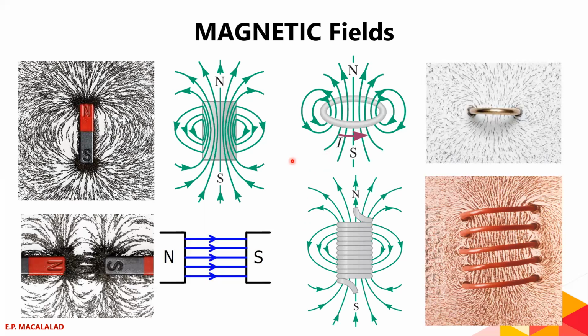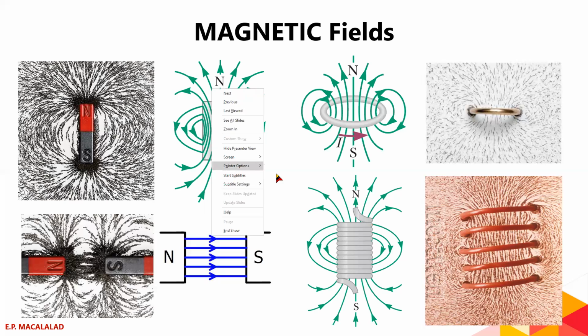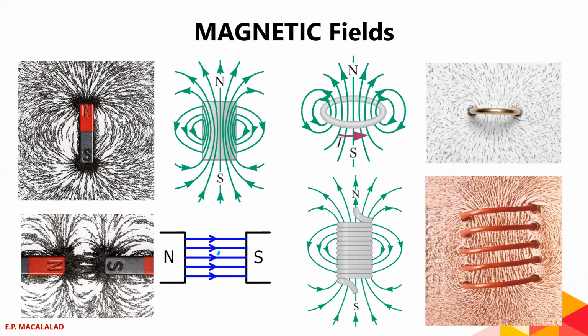Now, how do charges react to, for example, a magnetic field? When a magnetic field is present in a certain area, say you have a negative charge placed here.